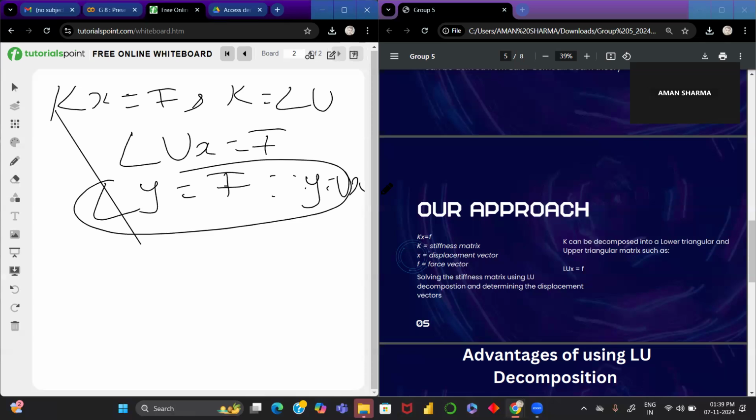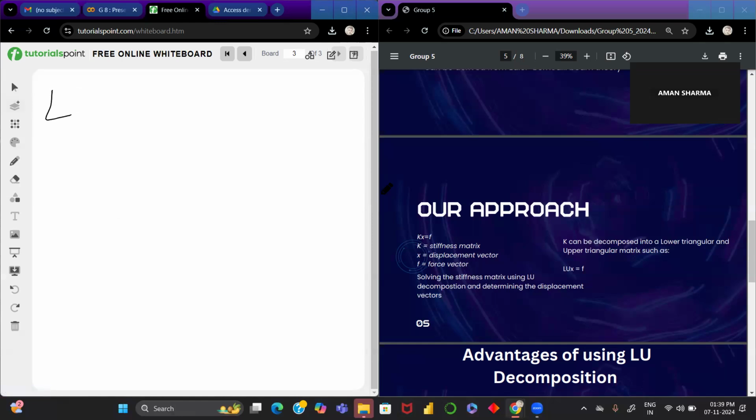I'll now explain a mathematical problem of this. Suppose we have a lower triangular matrix L: 1, 0, 0; minus 0.25, 1, 0; 0, minus 0.267, 1.